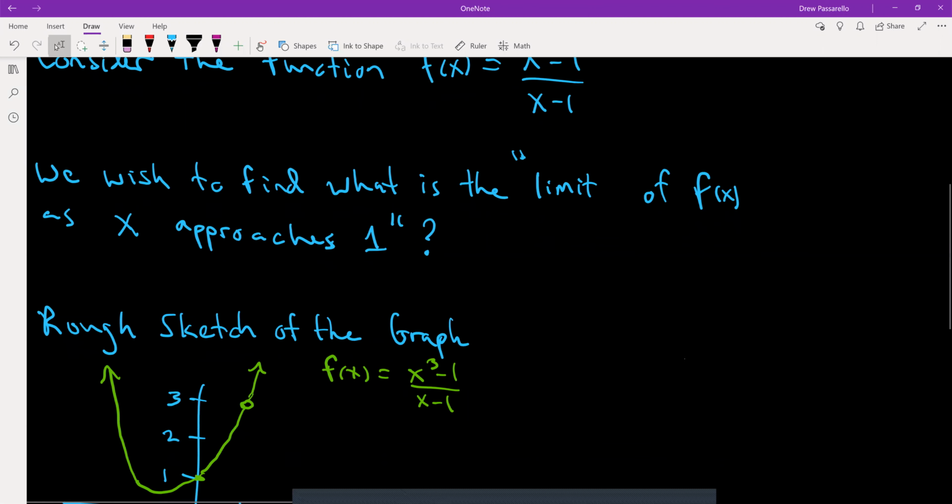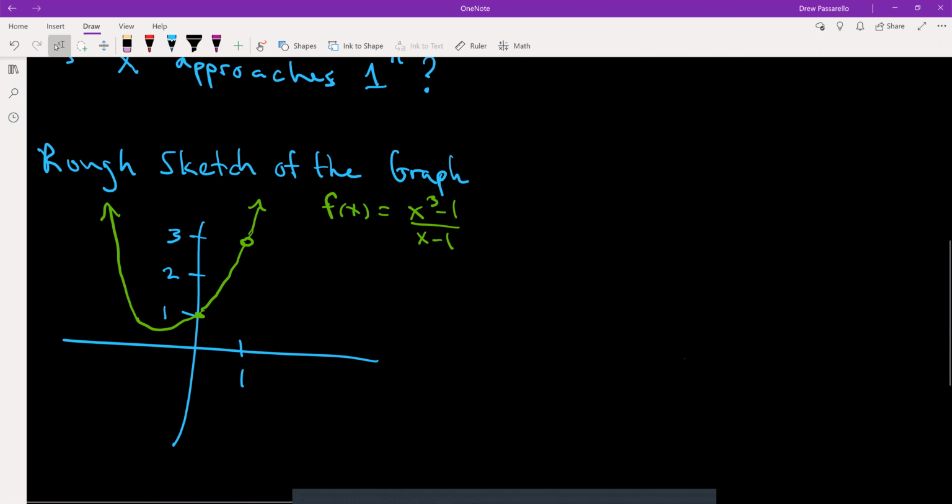What I did is I drew a rough sketch of the graph. What you see in green is the actual graph of the function, and I used blue for the coordinate axes, the x and y axes. And you'll notice that at x equals 1, there's a hole in the graph.